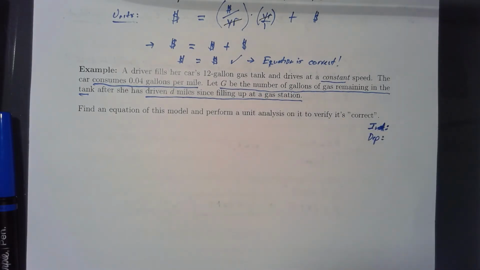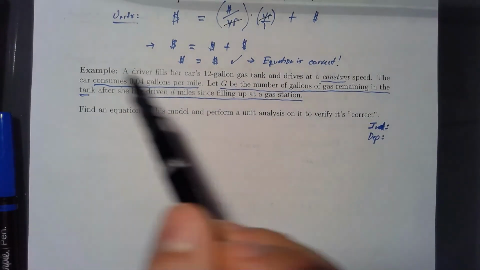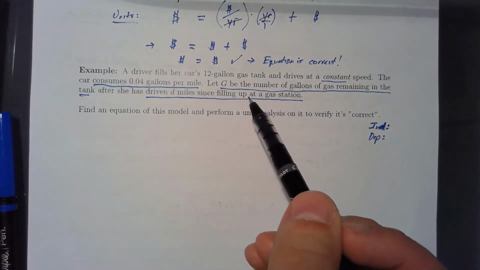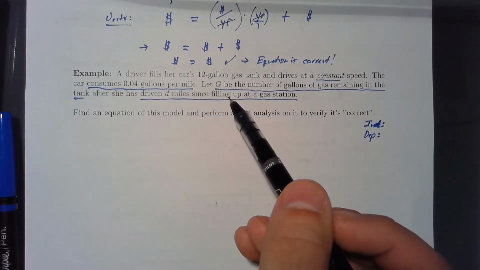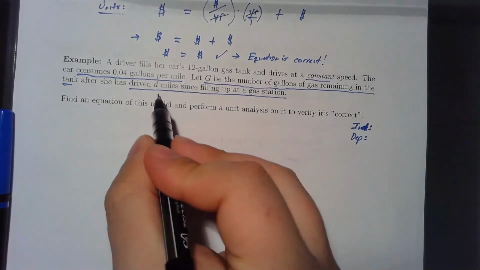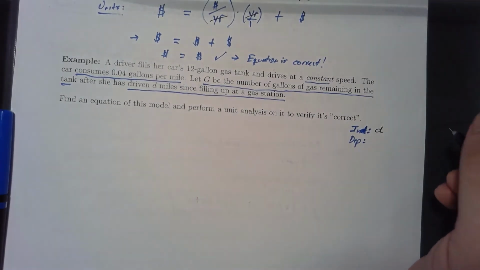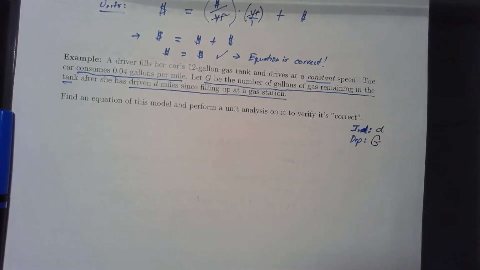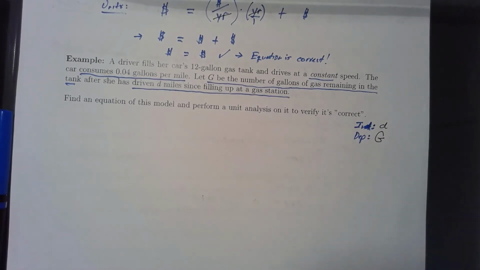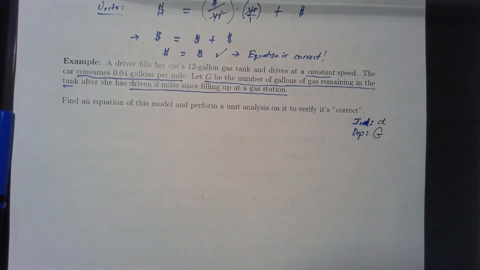Because the number of gallons of gas in your tank depends on how many miles you've driven. The more you drive, the fewer gallons are going to be in your gas tank. So the independent variable here is how many miles you drive. And the dependent variable is how many gallons of gas are in the tank. As you drive, your car uses gas. It's pretty common sense there.